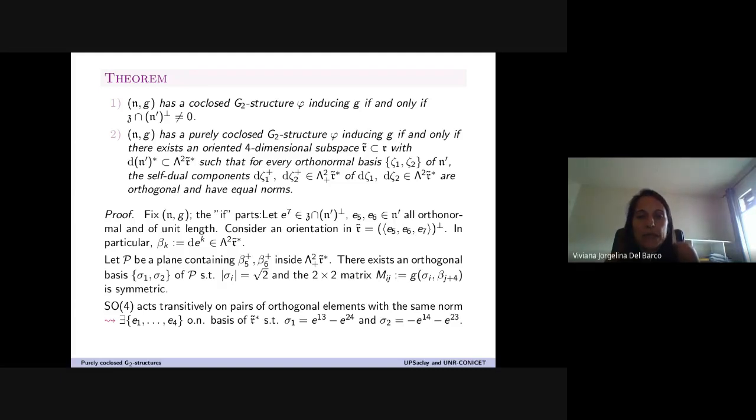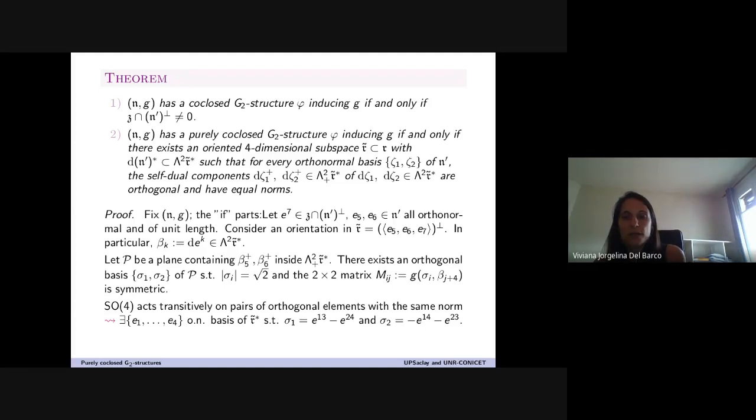And then we act. The problem is that these sigma i's could be not the standard ones that we need, because the sigmas, remember, were defined in a standard way, and we made all the computations using this form. So we know that we have a sigma 1 and sigma 2 so that the matrix is symmetric, and then we act by SO4 on pairs of orthonormal sets of the same norm. And then we can find a basis of R so that sigma 1 and sigma 2 are of the standard form, and we keep the matrix symmetric.